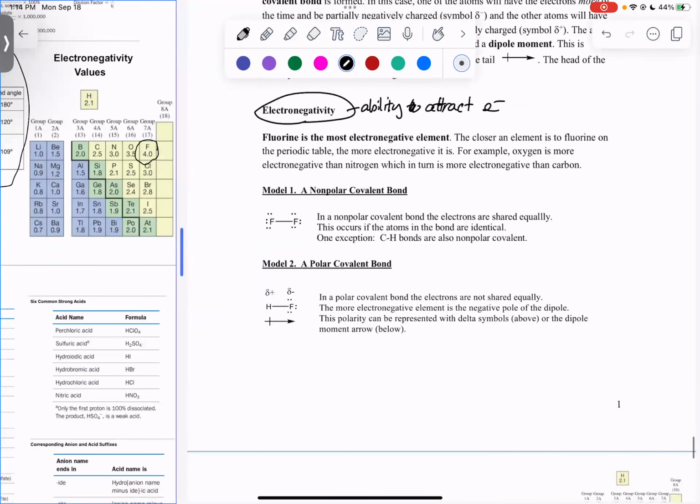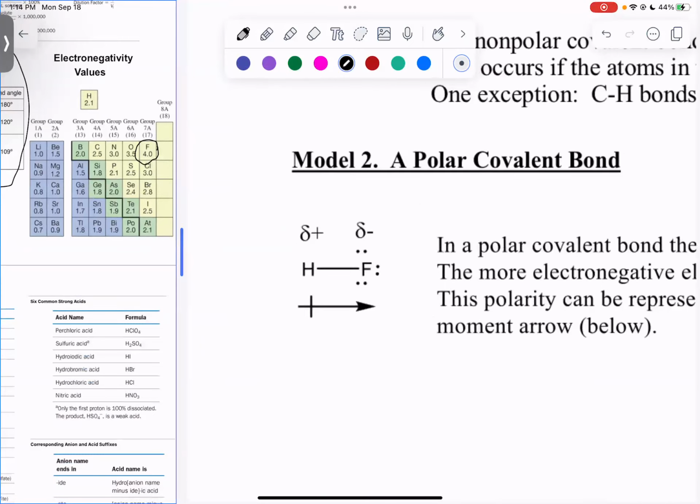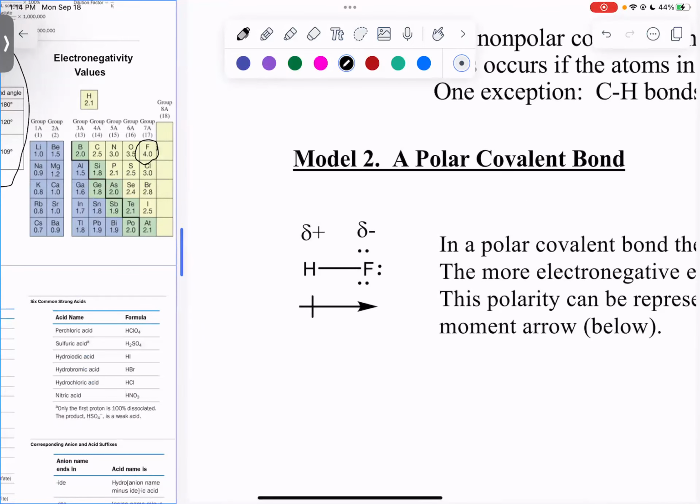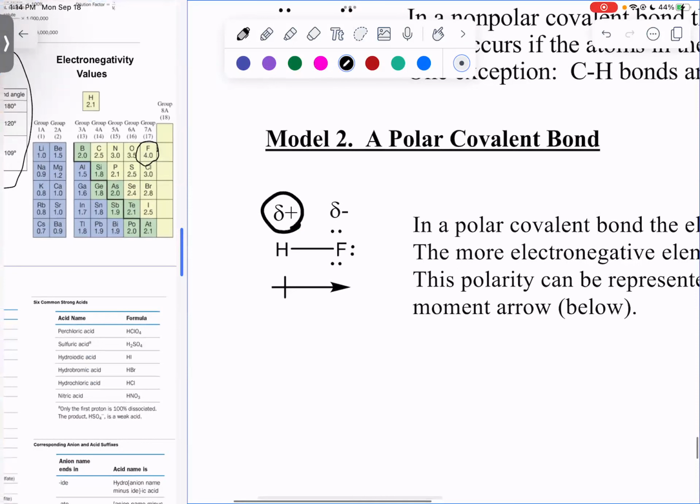And there are different ways to indicate electronegativity. You can indicate electronegativity with these partial signs. This is partially positive. This is partially negative. So it's saying that fluorine here is stealing the electrons from hydrogen. So the electrons are spending more time with fluorine than they are with hydrogen.